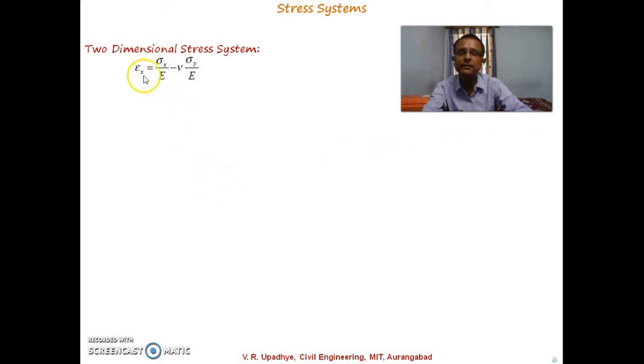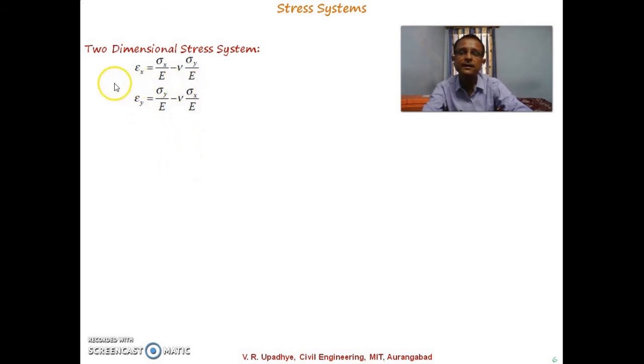Due to sigma x there will be elongation along the x-axis, and due to sigma y there will be compression along the x-axis. And for y, epsilon y will be equal to sigma y divided by E minus mu times sigma x divided by E. Due to sigma y there will be elongation along the y-axis, and due to sigma x there will be compression along the y-axis.